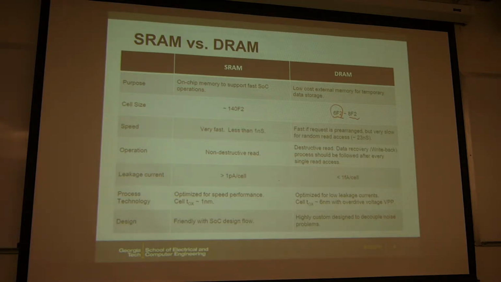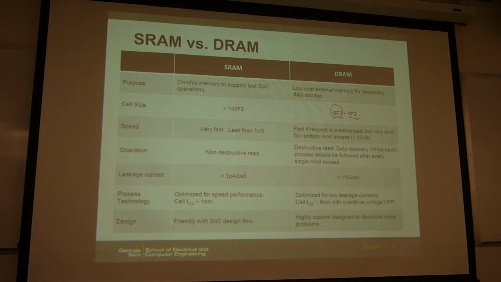In terms of the speed, SRAM is very fast, right? Typically in less than 1 nanosecond. But the DRAM latency is typically tens of nanoseconds, maybe 20, 30, 40 nanoseconds. We will discuss what contributes to the DRAM latency later.